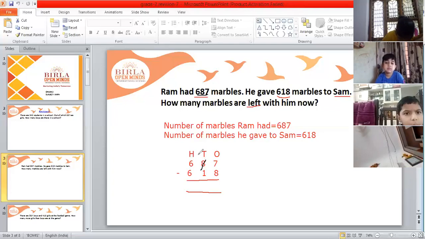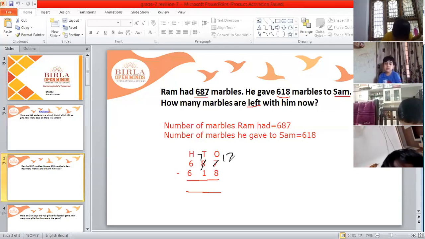So we will cut this 8 and this 8 will become 7. And what this 7 will become in ones place? 17. Okay, so we'll cut this 7 and this 7 will become 17. Okay. Now tell me, Arun, 17 minus 8 equal to how much? Start counting after 8 and count till 17.